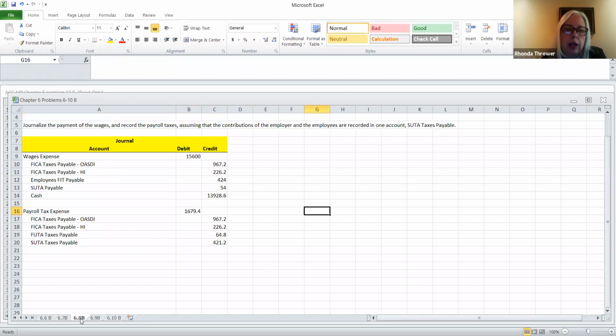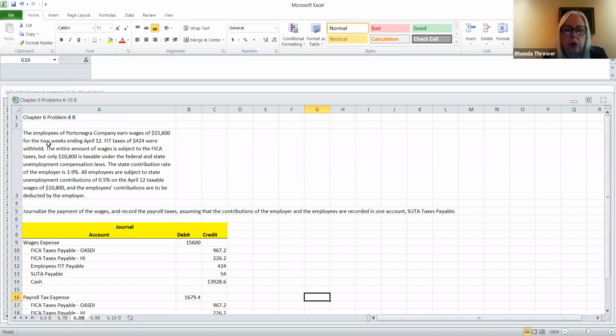So I'm going to move to the next problem, where we're going to be the employees of Porto Negro Company. I know I murdered that one, but this particular company, they earn wages of $15,600 for the 2 weeks ending April 12th.